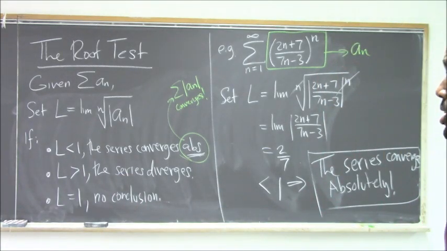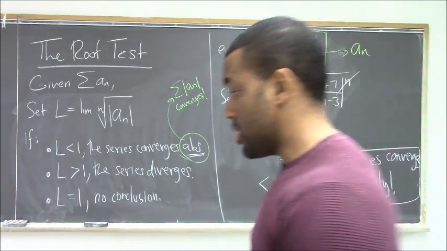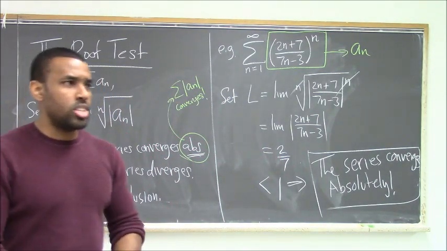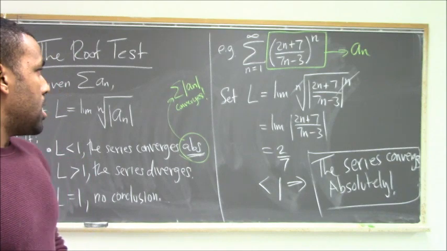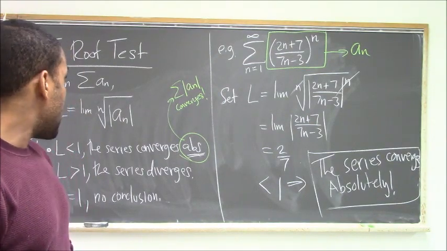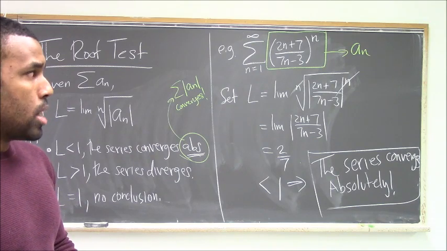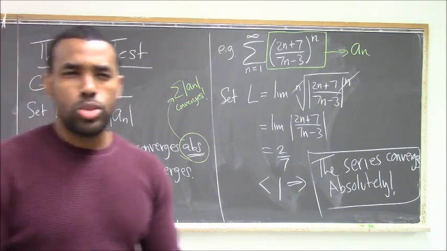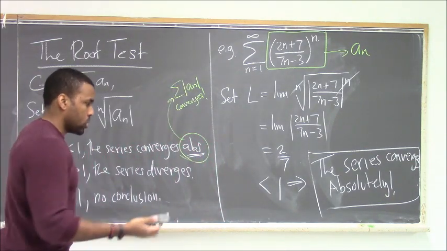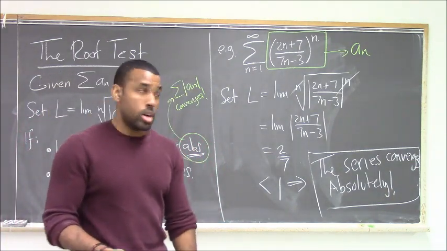But that is the root test, and that's an example of me using the root test. Now, to pick up on what I just mentioned, before going over the next few examples that I left for you, I actually want to talk about when to use which test. What are you going to actually try when you have to talk about whether or not a series converges?